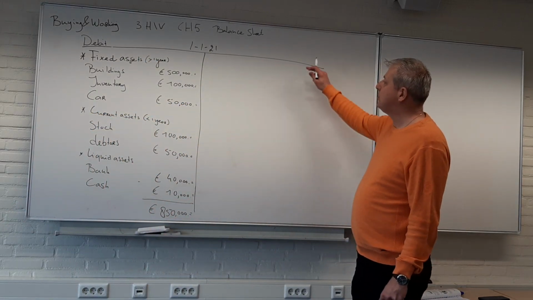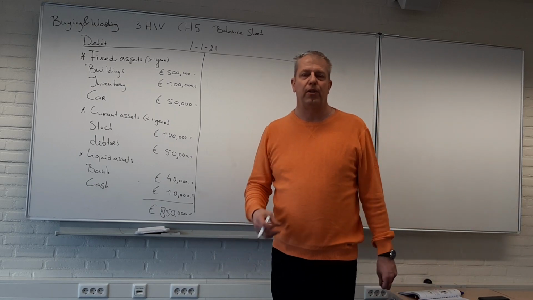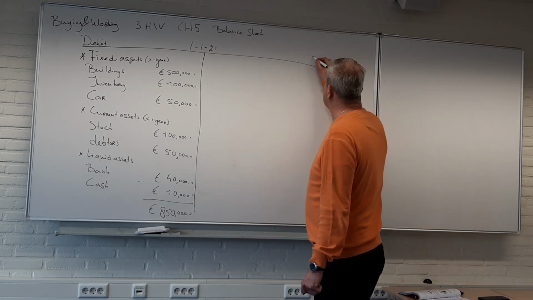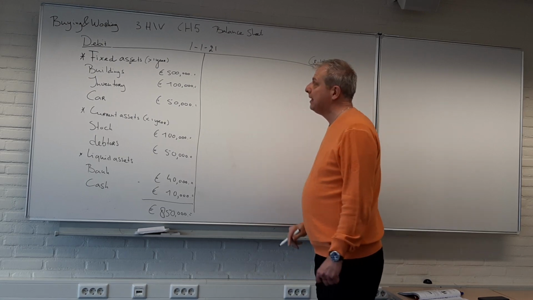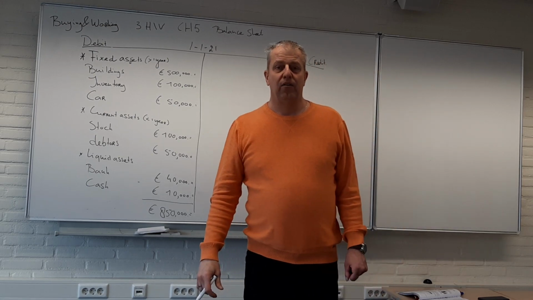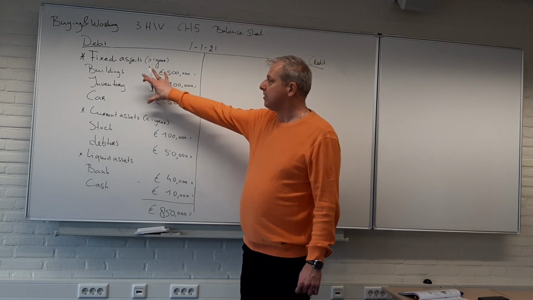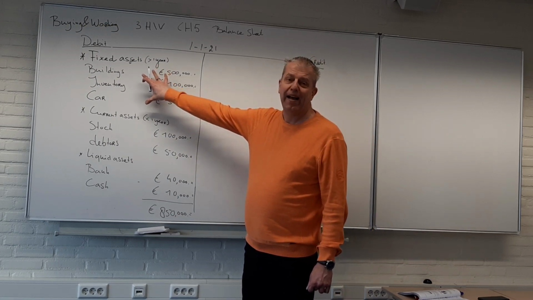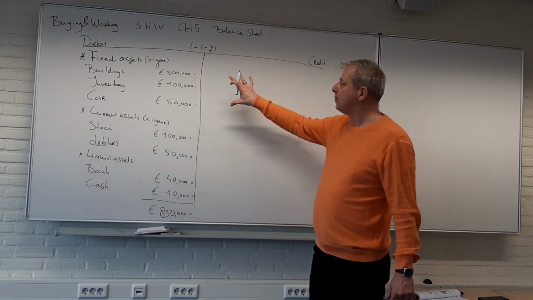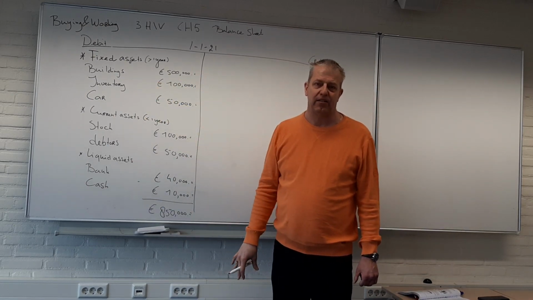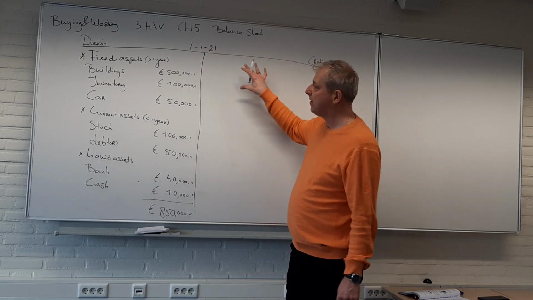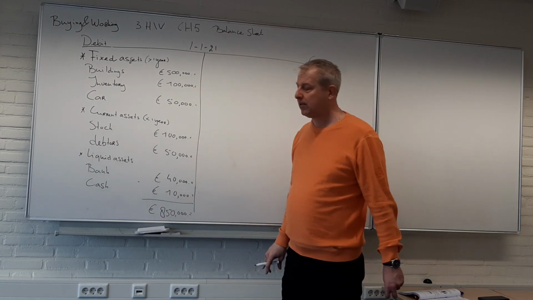Then I'm going to the right-hand side, and we call this the credit side. And on the left-hand side, sorry, it says what we have. And here I'm going to write down how this was financed.